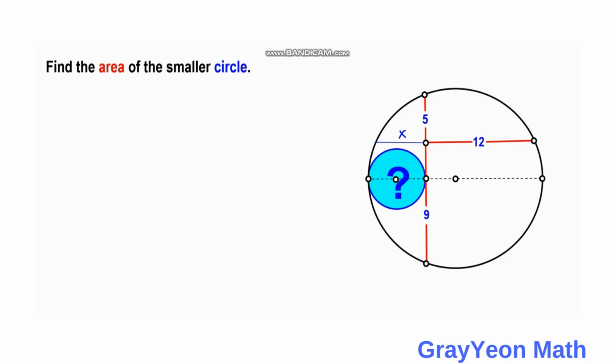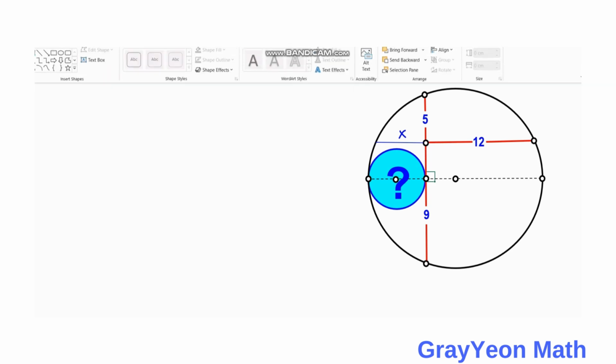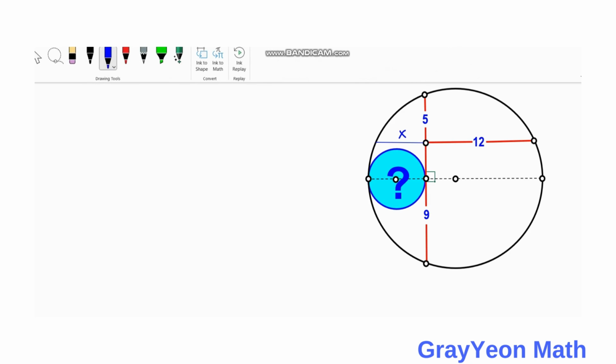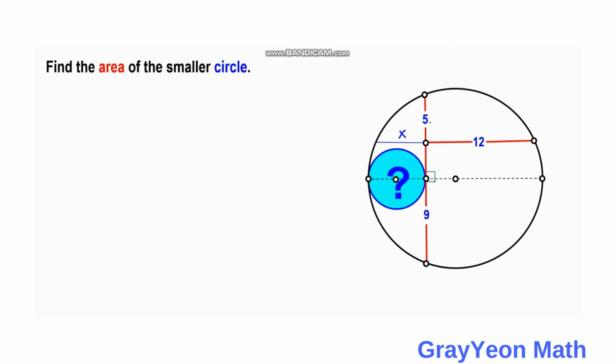Okay, so by the intersecting chords theorem, we need to multiply the lengths of the division of the chord. So we need to multiply this 9 and 5, and this 12 and x. So 12 times x, or 12x, is equal to 9 times 5.